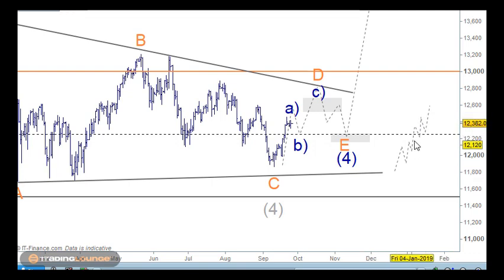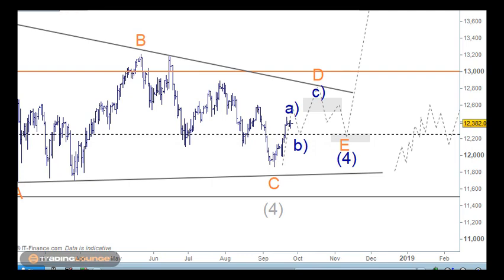So if we have those 5 waves of 1, 2, 3, 4 and 5, then we're going to have an A, a B and a C back, and then we're going to go up from there. So there's not a lot of difference between this and this. I won't know until we've actually finished this C wave here.